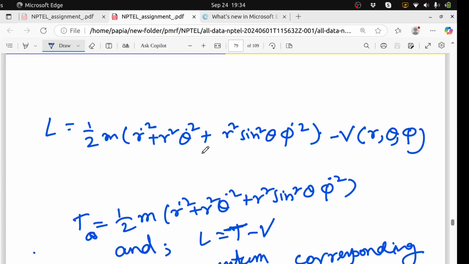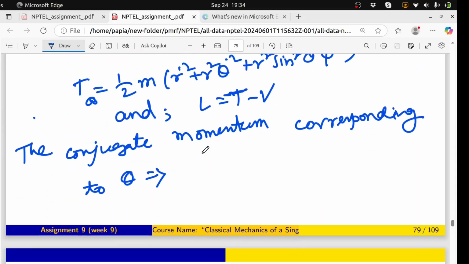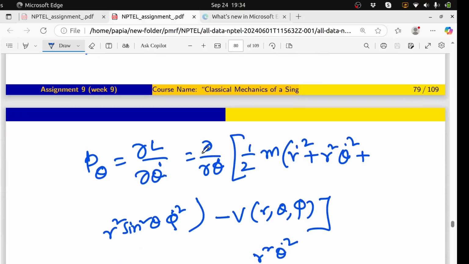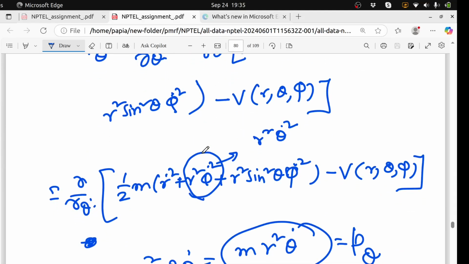So T is this one and L equals T minus V. The conjugate momentum corresponding to theta will be p theta, which is del L by del theta dot. So that means del theta dot of all these things.